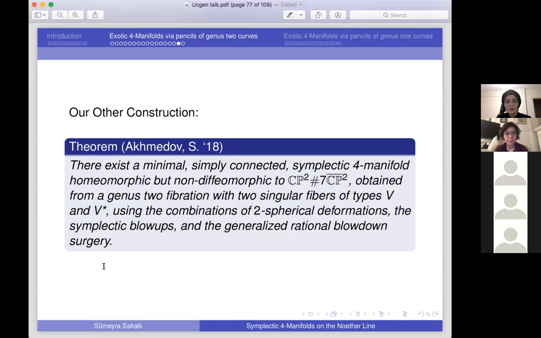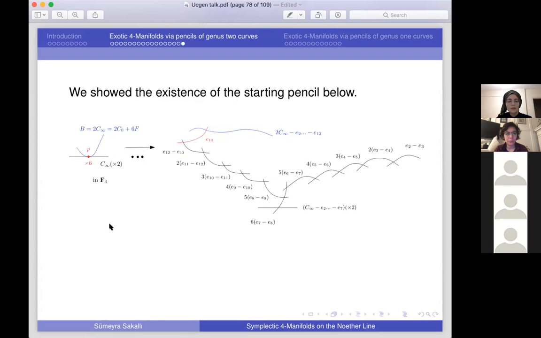And I want to show you one picture coming from here. So in this theorem, I have worked inside the third degree Hirzebruch surface, F3, and I show the existence of such a pencil. And here C infinity, for instance, is the +3 section of our Hirzebruch surface. And again, we have some irreducible curve. It is a member of a linear system, and we have some special intersection point.